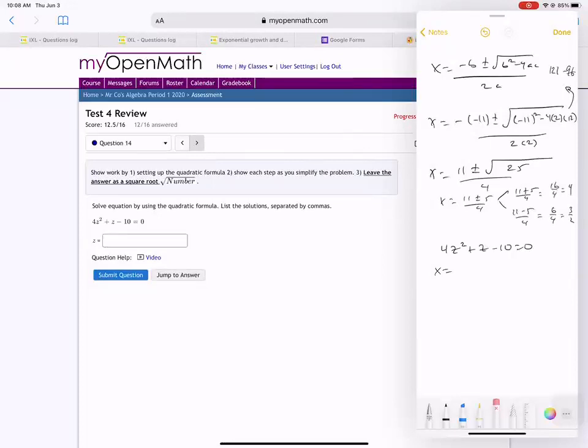And we're going to actually use the same formula. The quadratic formula is the same here, just the variable changes to z. z is equal to negative b, so a is equal to 4, b is equal to 1, and c is equal to negative 10. See how there's no number in front of the z here? That's an invisible 1, so we still have to carry the invisible 1.